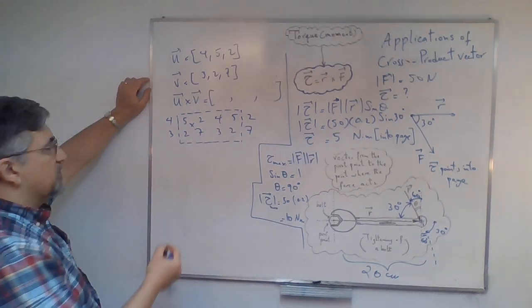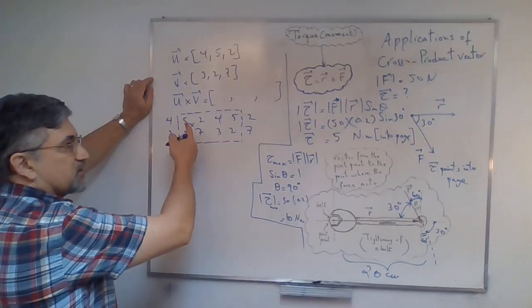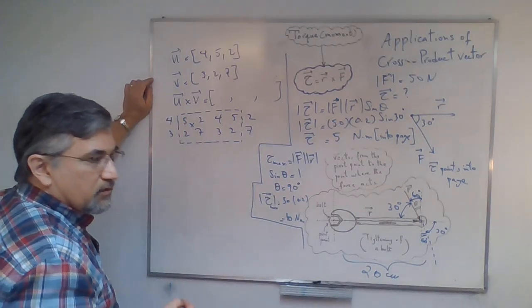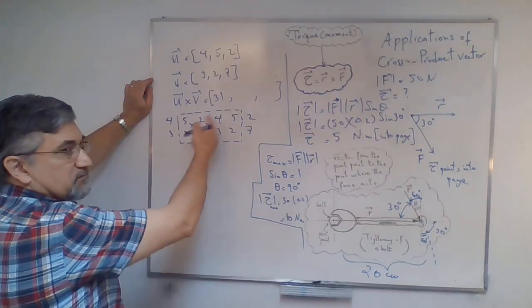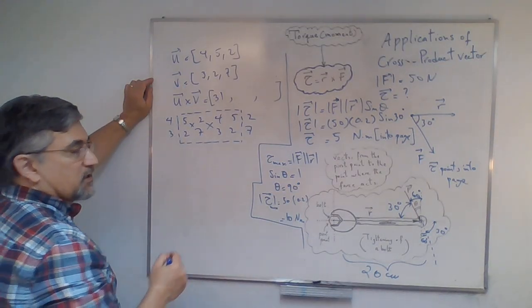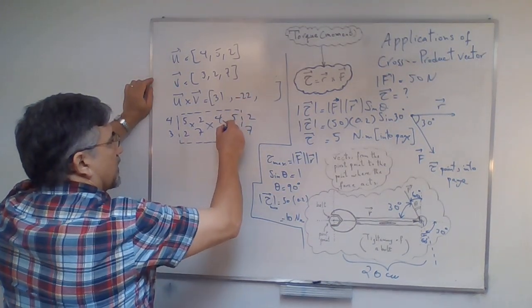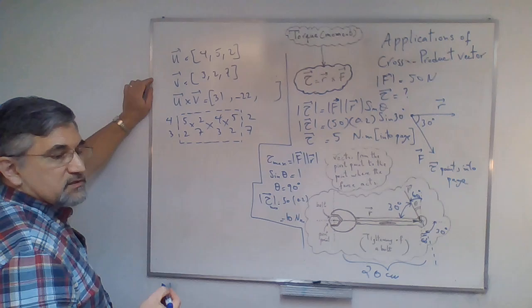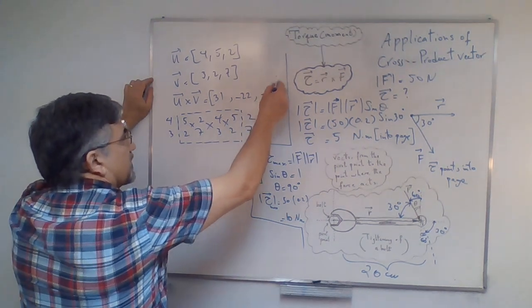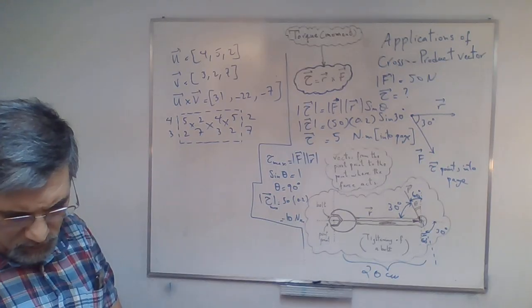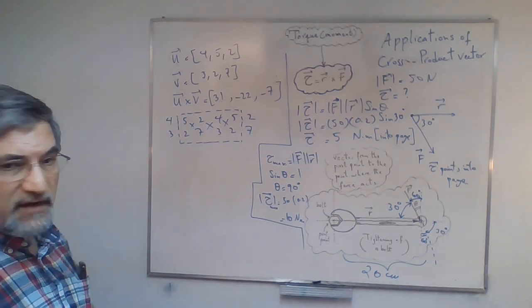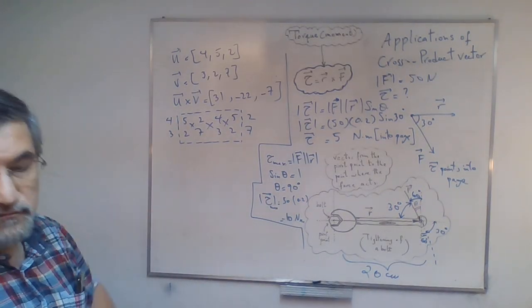I'm using this crisscrossing method. 5 times 7, 35, minus 4 is 31. And then 2 times 3 is 6, minus 28, it's negative 22. And then 8 minus 15 is negative 7. So 31, negative 22, and negative 7 is the result of the cross product of these two vectors.